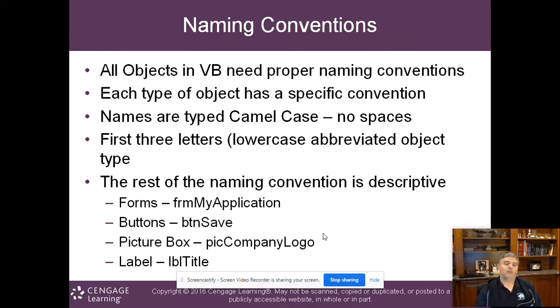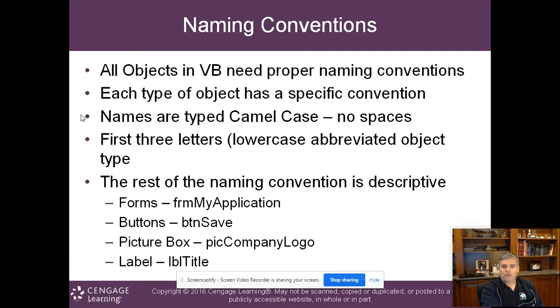The second button is going to be called button 2. Now that's fine if you have just 1 or 2 buttons, but as you get more and more buttons, when you start coding it, you're not going to remember that button 1 was for save and button 2 was for close. So what we do is you give those objects descriptive names, so it's easy for you as a developer, okay?